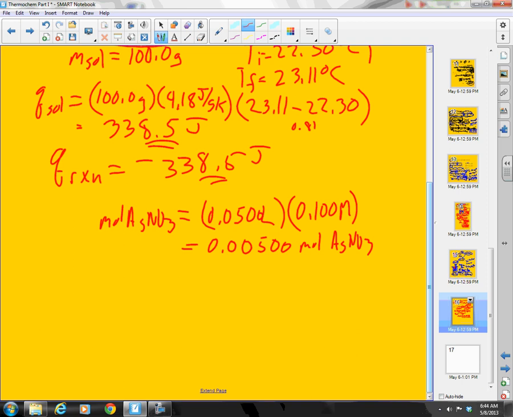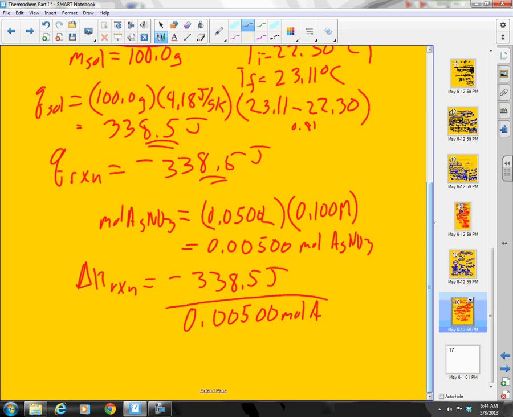And then what is my delta H reaction? Well, it's going to be negative 338.5 joules divided by 0.00500 moles of AgNO3. And so what do I get out of that? Divide that by 0.005, and I get 67716. That is a negative value.